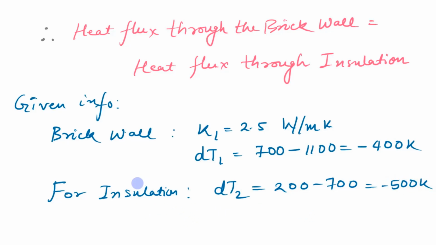Also, one more piece of information is given: L2, the thickness of the insulation, is 1/4 of the thickness of the wall. So if we say the thickness of the wall is L1, the thickness of insulation, that is L2, will be L1 by 4.